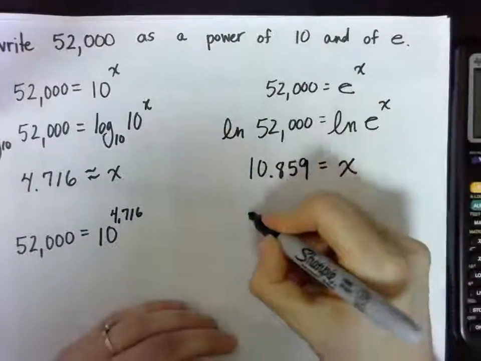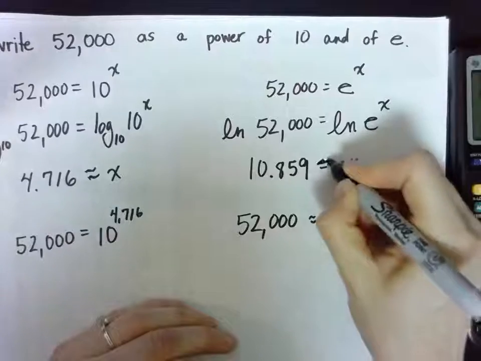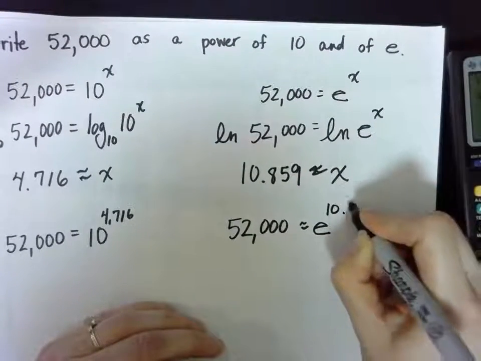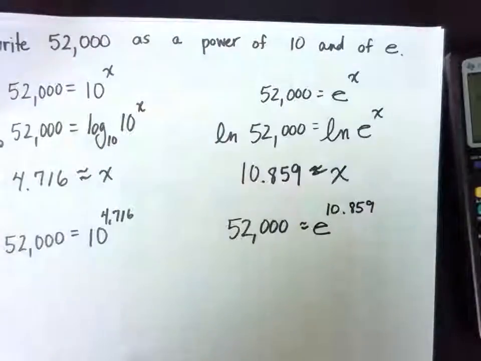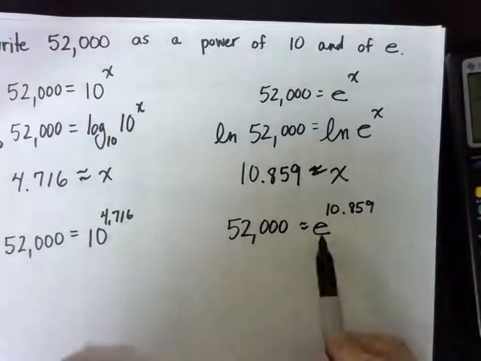So that means that 52,000 is approximately e to the 10.859.